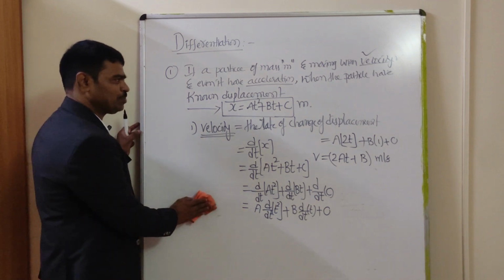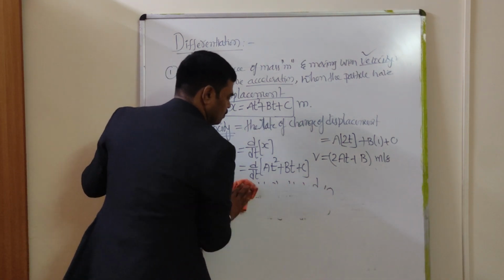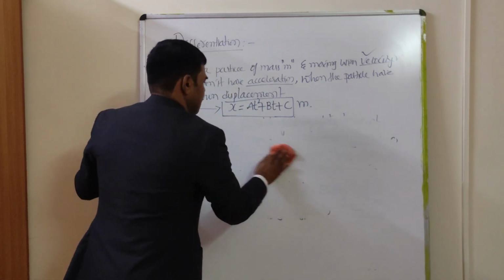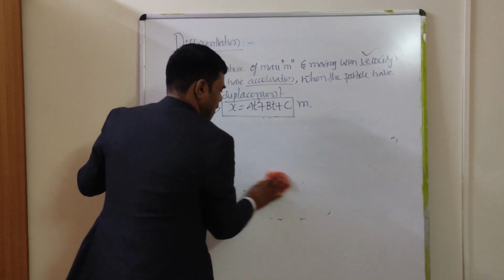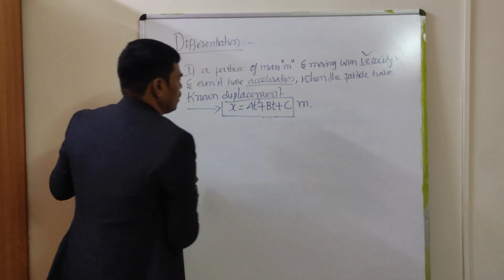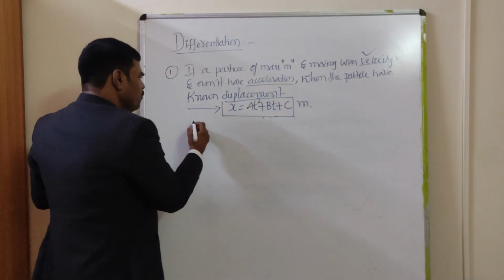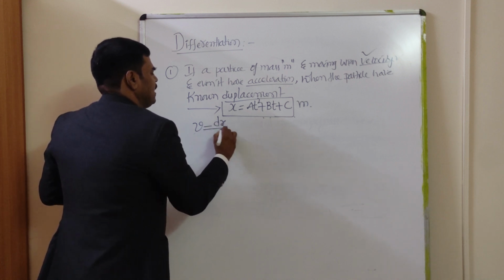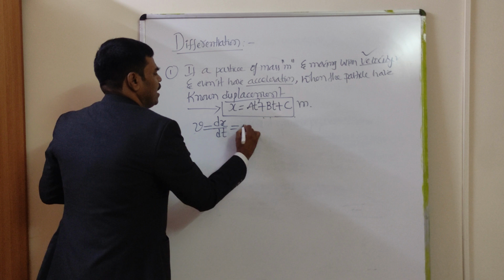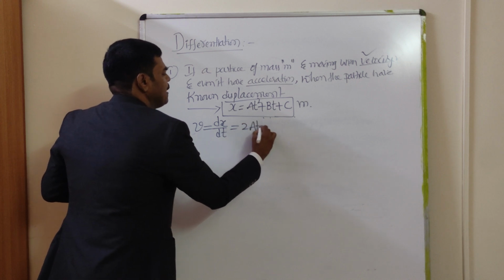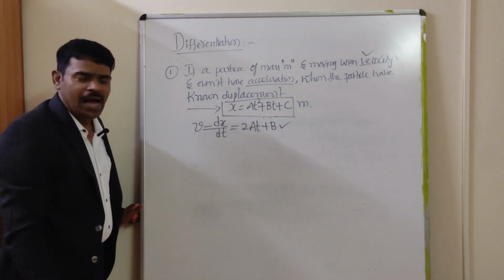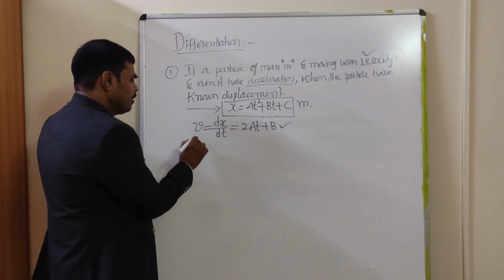Okay, now so far what we know is the velocity. Velocity is dx by dt meters per second, that equals 2at plus b, what I solved so far. Now I am giving you the acceleration.